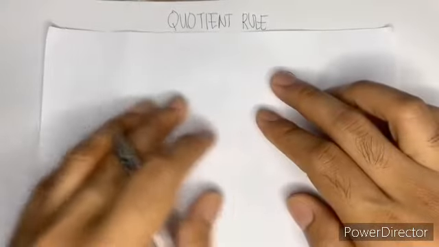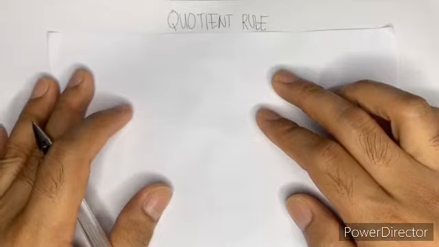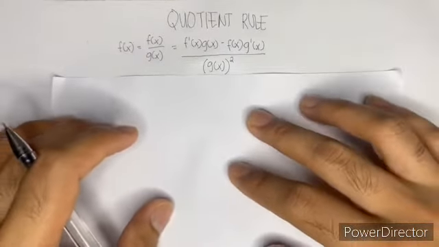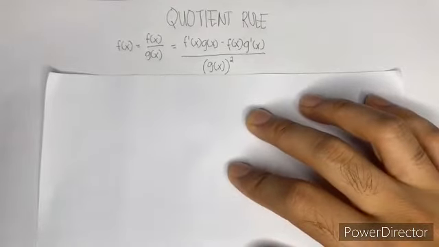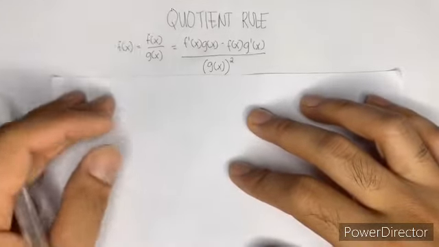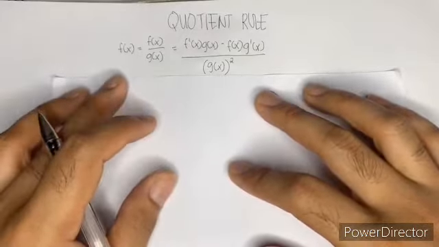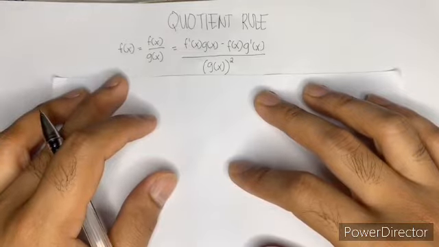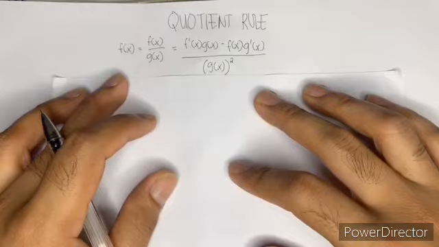The next rule is the quotient rule. So in the form of f of x is equal to f of x divided by g of x, the formula would be f prime of x times g of x minus f of x times g prime of x over g of x raised to the power of 2.